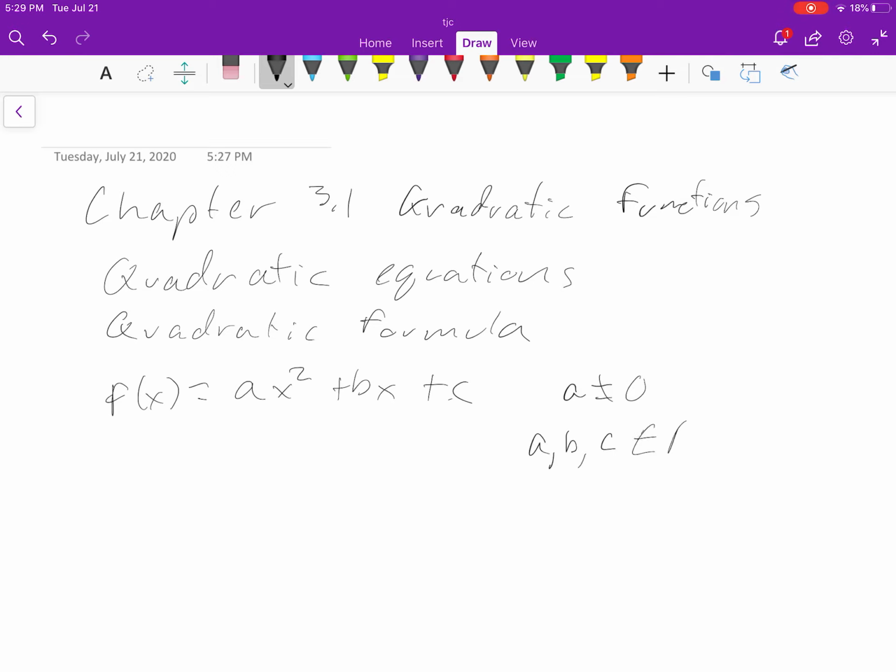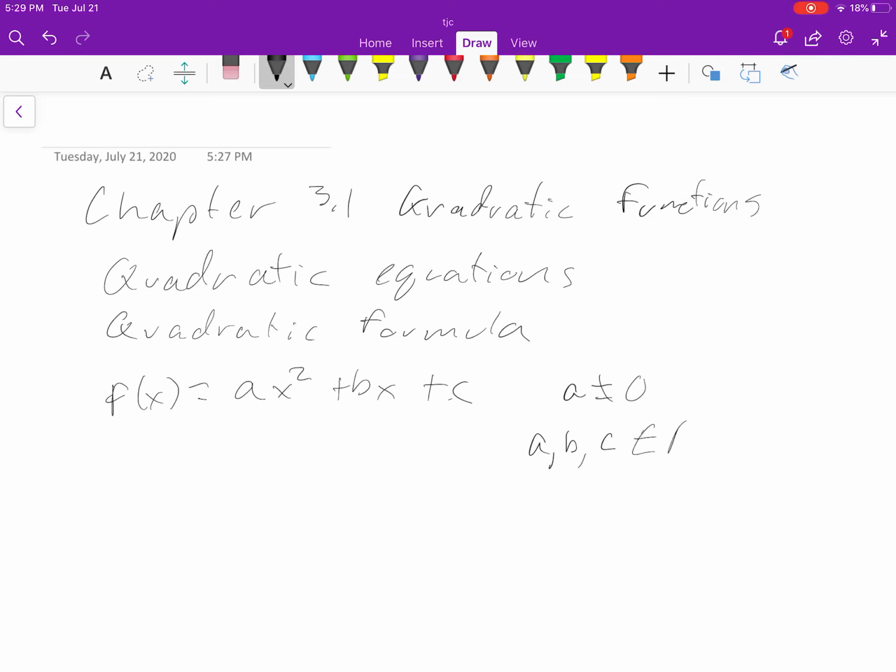So square root of 2 x squared plus 1/2 x plus 3 is a quadratic function because a, b, and c are all real numbers.